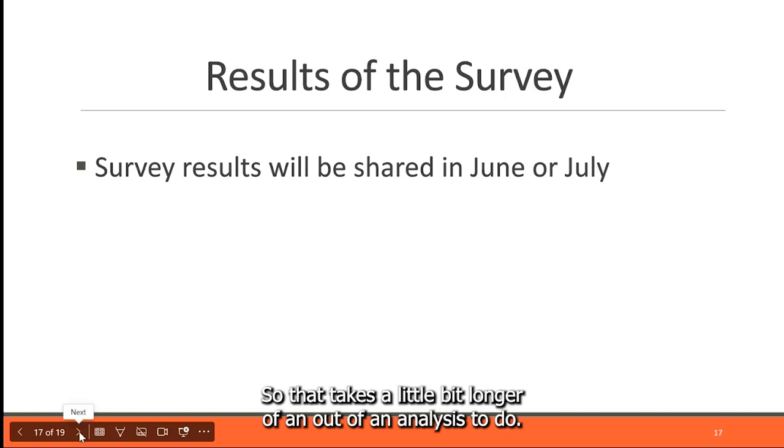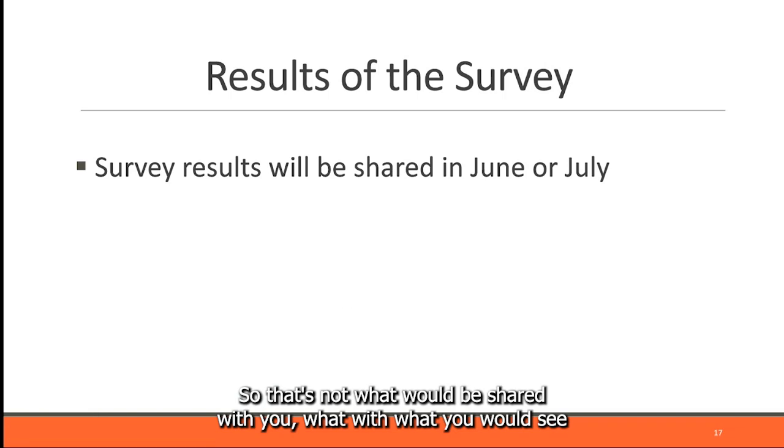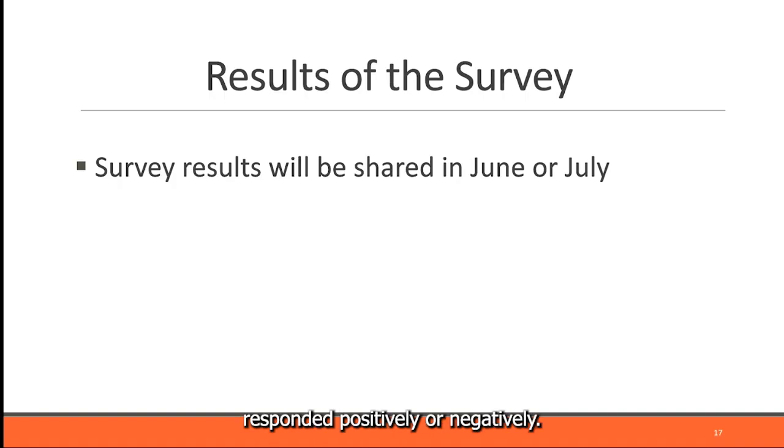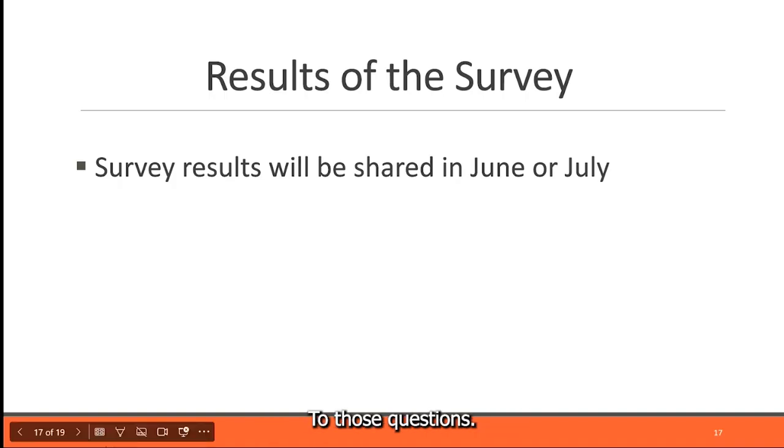So that takes a little bit longer of an analysis to do, and that's not what would be shared with you. What you would see is a breakdown of each question and how many people responded positively or negatively to those questions.